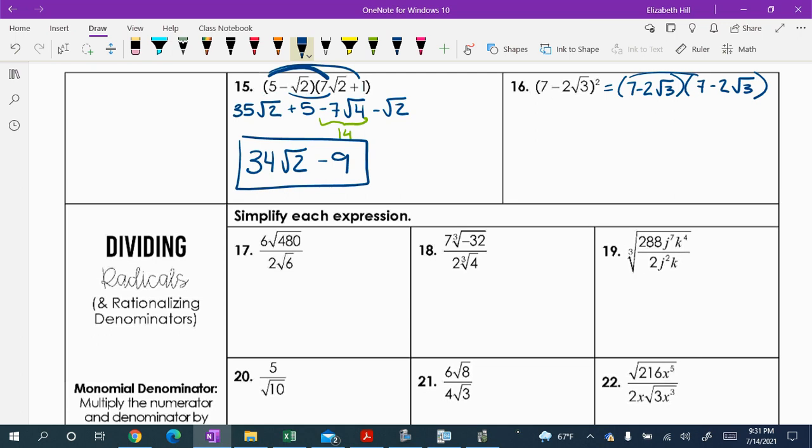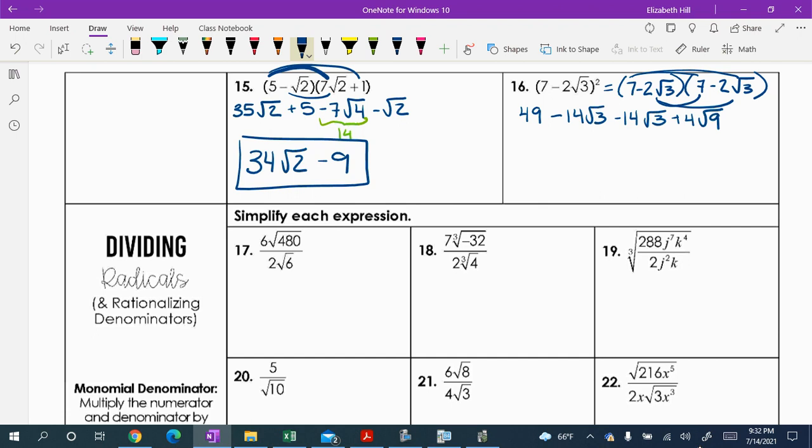7 times 7, so that's going to give us 49. 7 times negative 2 square roots of 3 gives us negative 14 square roots of 3. Working the inside here, I get another negative 14 square roots of 3, and then at the end, negative 2 square roots of 3 times negative 2 square roots of 3 is a positive 4 square roots of 9.